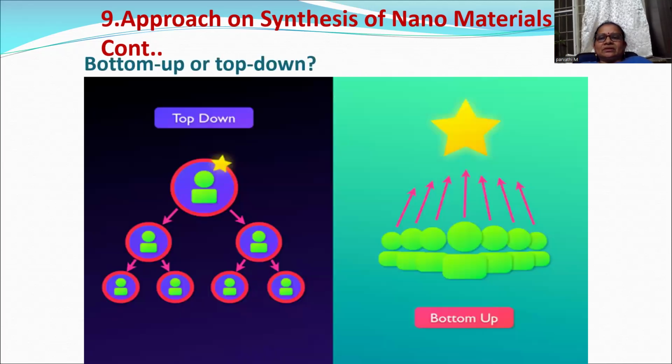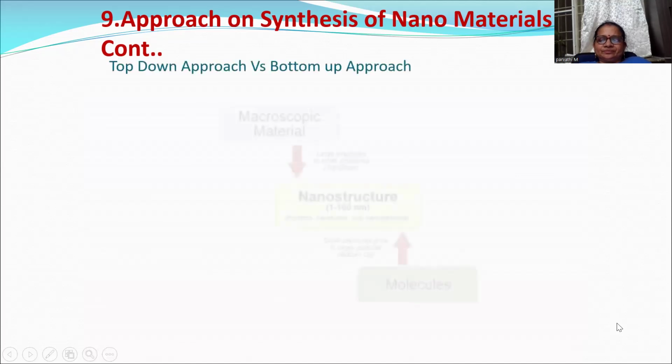So here clearly you can see that top-down approach, a bulk material can be taken into pieces till you get the nano level. Whereas bottom-up, in the sense, procuring the tiny portions and bringing them together finally to get into final product. That is what a bottom-up approach.